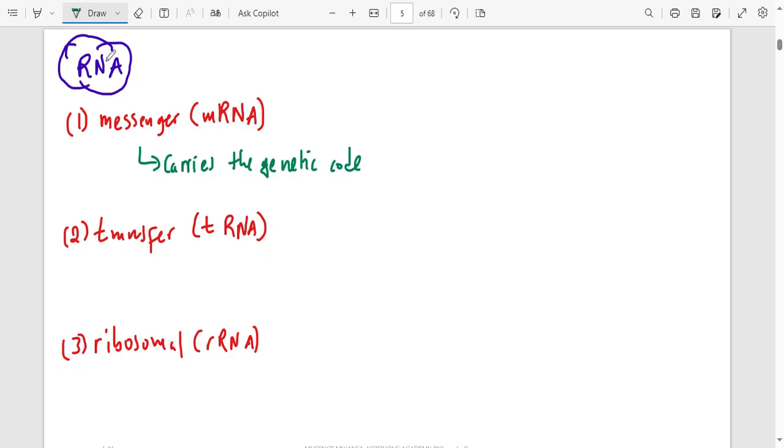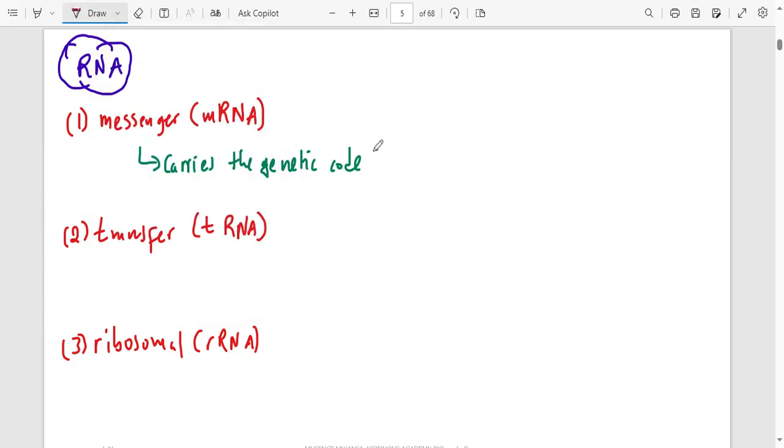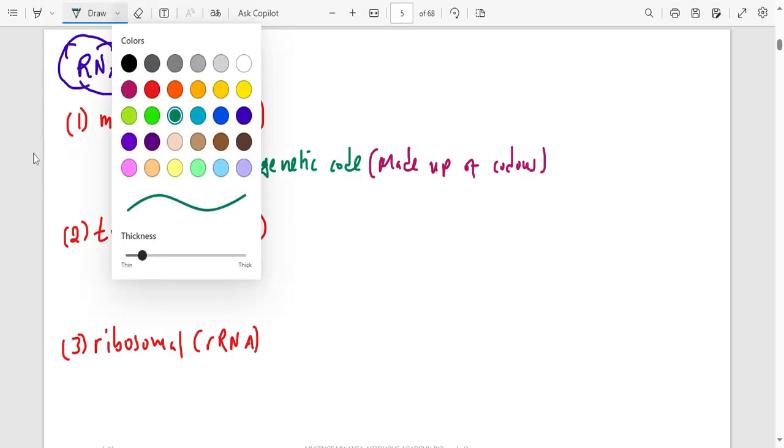And the genetic code is made up of what we call codons. Take note of that. You understand what codons are.